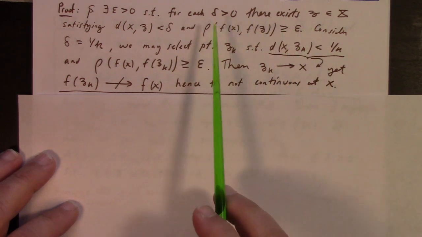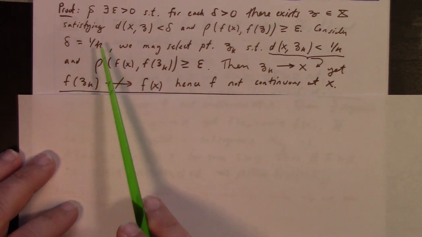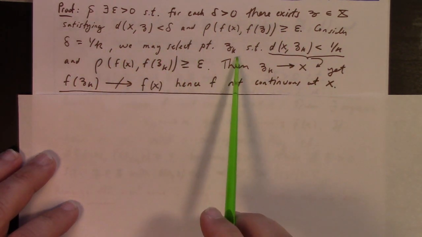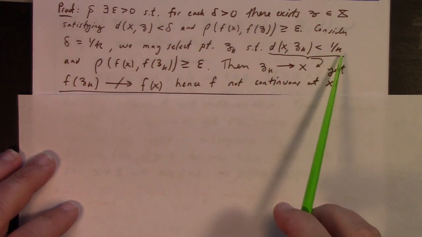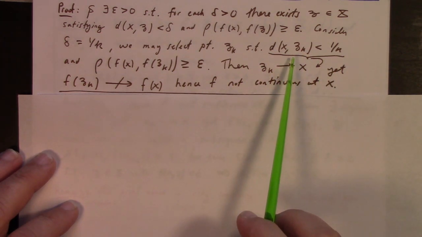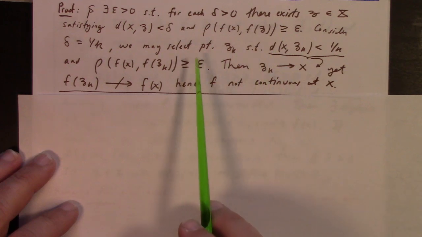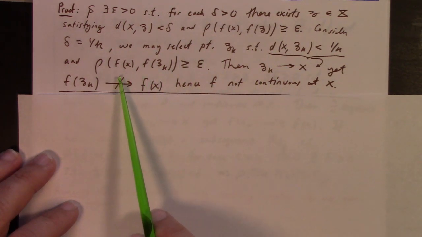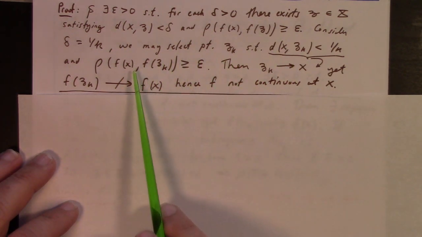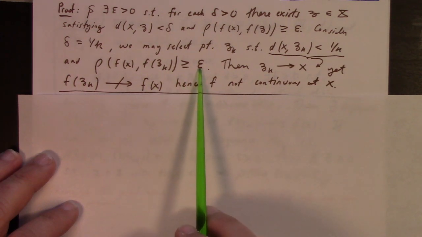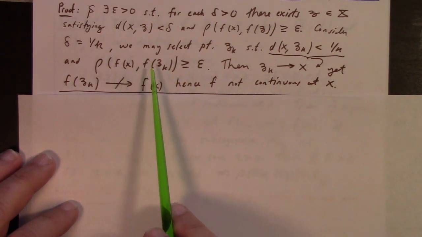And so if that's the case, if we consider delta equal to 1 over k, then we can select z sub k, which is within distance 1 over k from x, and the image of those will be more than epsilon units away from f of x.